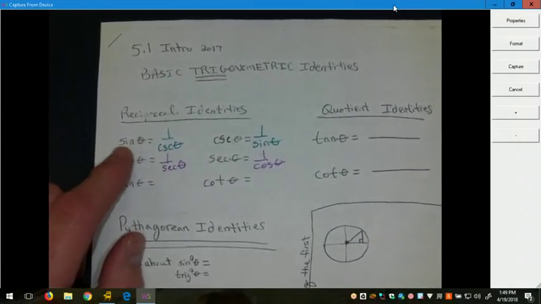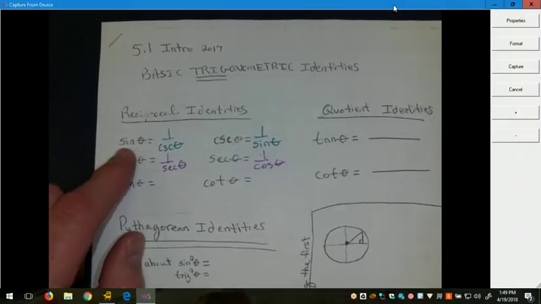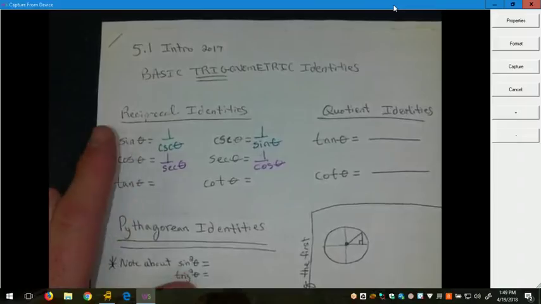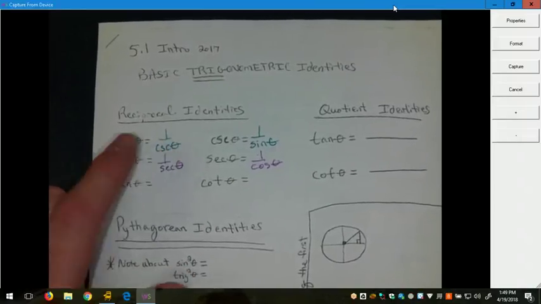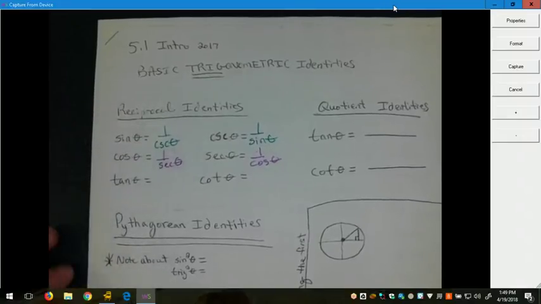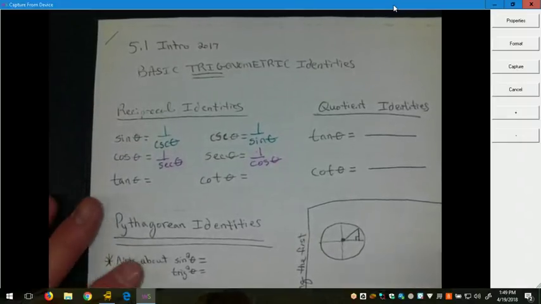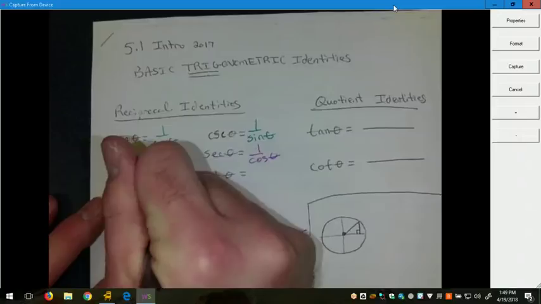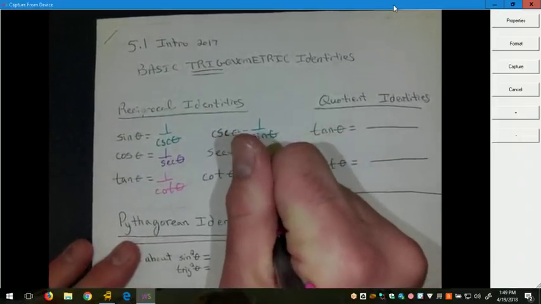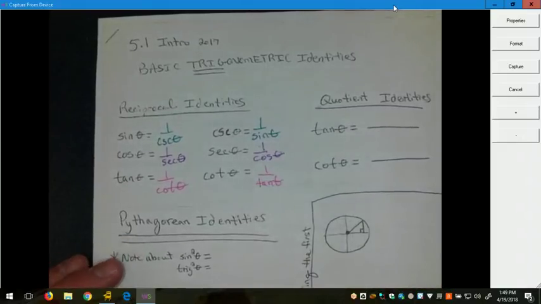If you know sine, then the relation for cosecant is 1 over sine. Whatever the decimal value is, the reciprocal is equivalent to 1 over it. Tangent, we have 1 over cotangent, because if I do 1 over tangent, that is the same as cotangent.